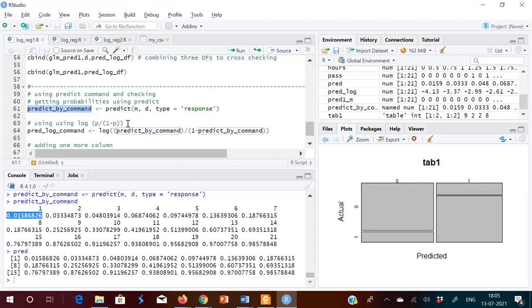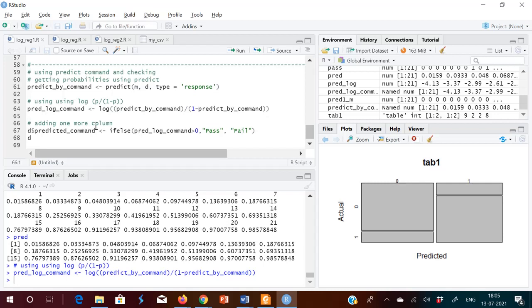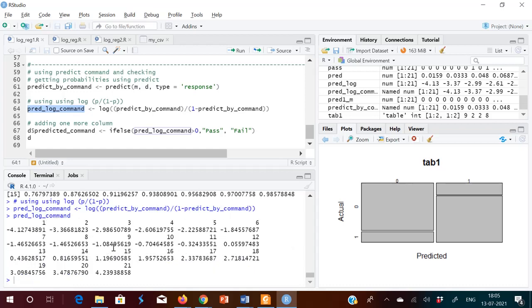So I'm just using this again to get the log. Okay, I'm using that log of p by 1 minus p. I'm using that, and then you can see what is in that. It will have some negative values and positive values. Okay, same like we got before.